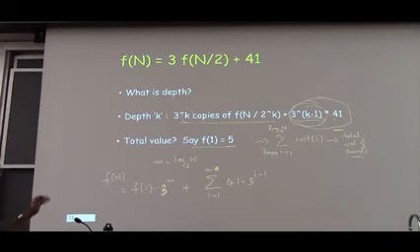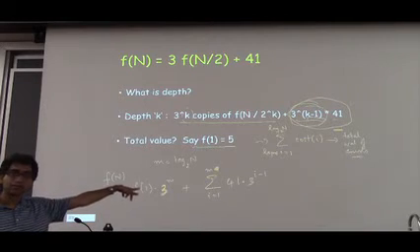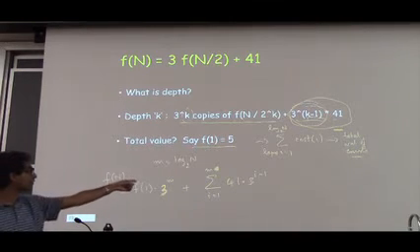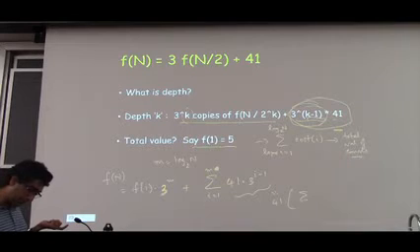So this is the calculation. And we saw before how to do summations of this kind. This is exactly a geometric summation. 41 is a constant, so you can just view this as 41 times the sum over i equals 1 to m of 3 to the i minus 1.